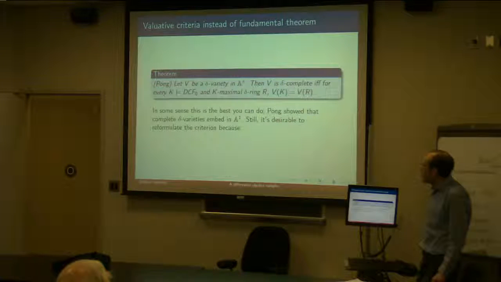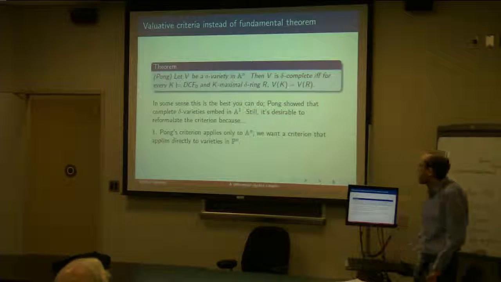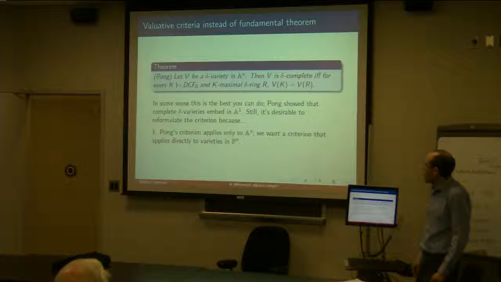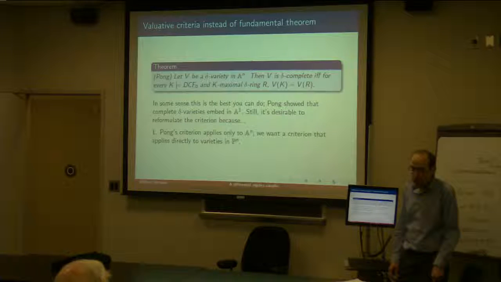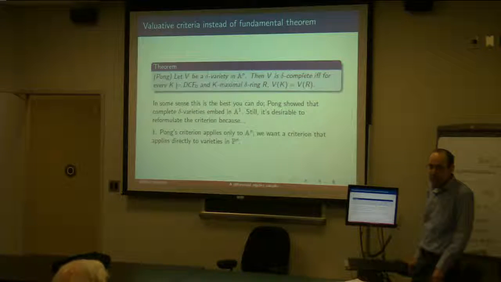So in some sense that gives the best result that you can get trying to imitate Van Andrea's proof of the fundamental theorem in the differential case. But if you're trying to look at concrete examples, and especially since it can be hard to recognize whether or not a variety is projective, we saw that with x double prime equals x squared.